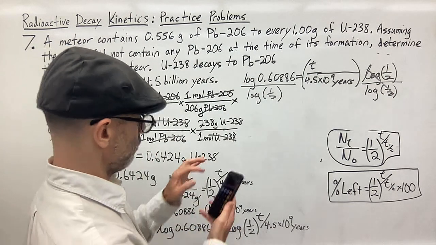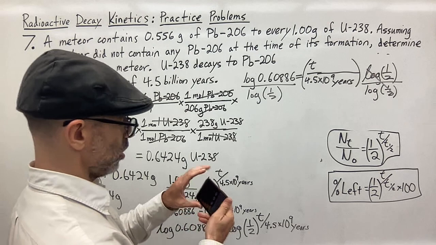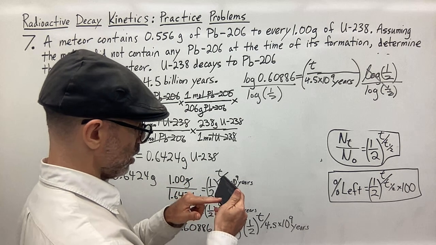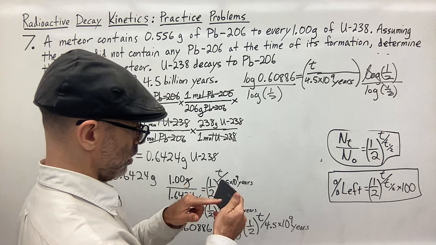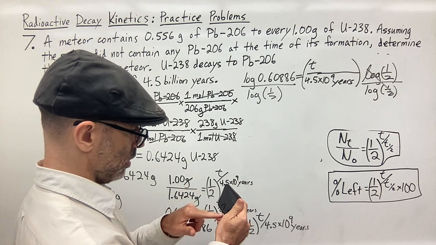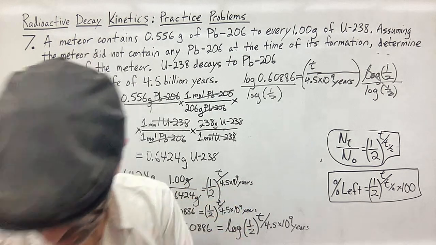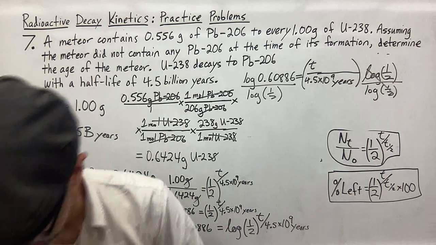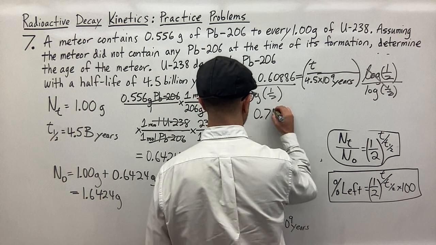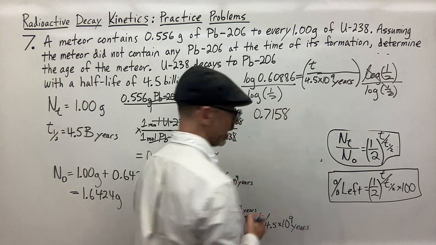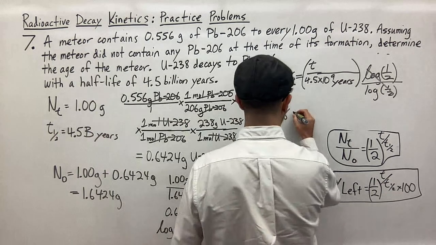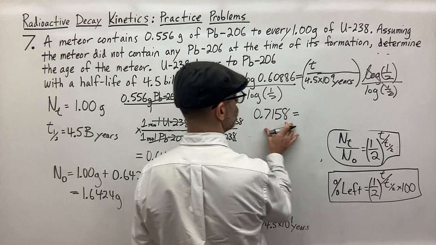Now if I do that calculation, I'm going to have the log of that divided by the log of 1/2, and I get 0.7158. And so that is equal to this.